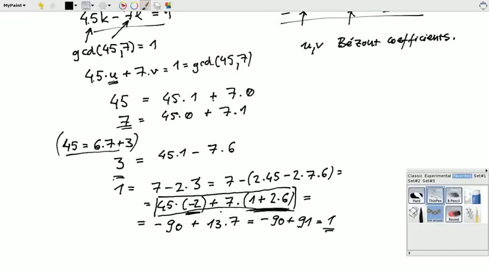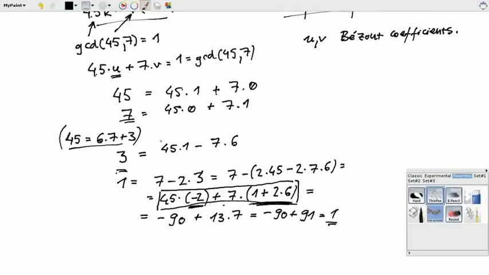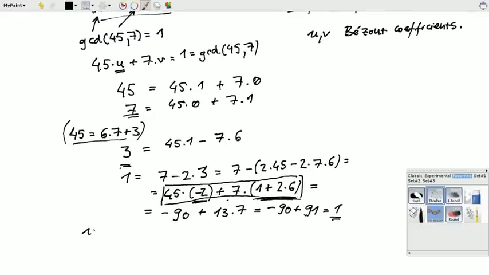Remember, we tried to find some u and some v such that 45 times u plus 7 times v is equal to 1. So now we know that u is equal to minus 2 and v is equal to 13. Great.